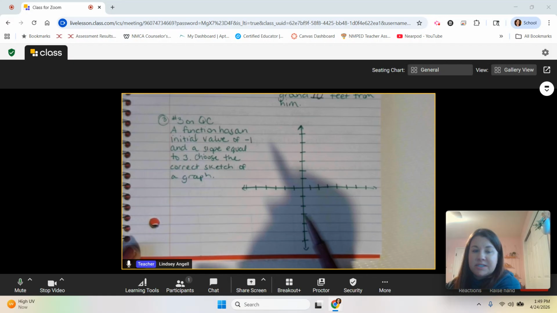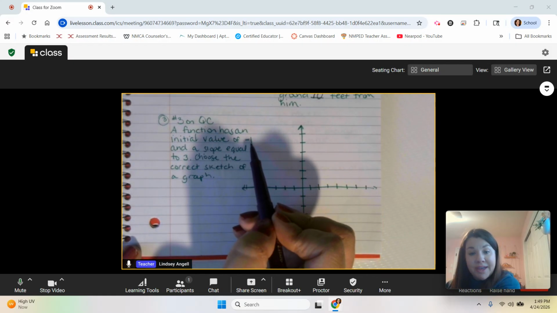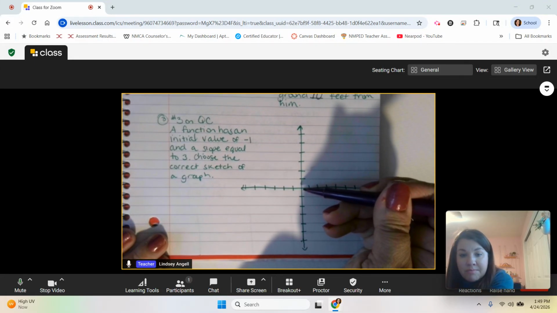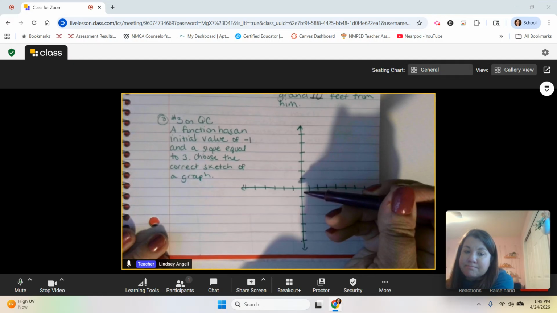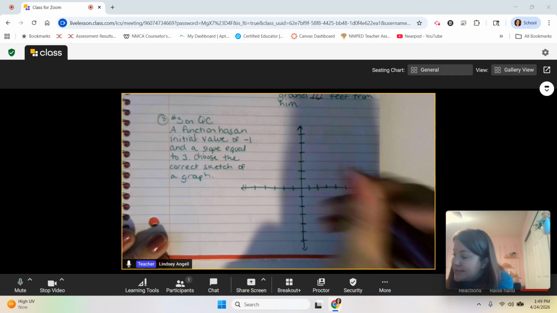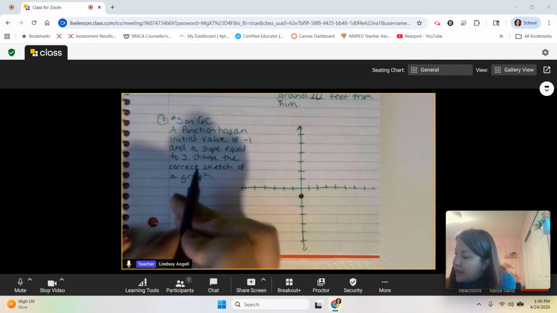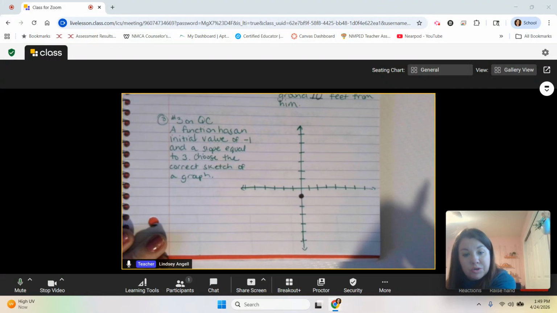So let's see, first off it says our initial value, well that's our y-intercept, is at -1. So starting from my origin, I would go down 1. This is at -1. And it has a slope equal to 3.